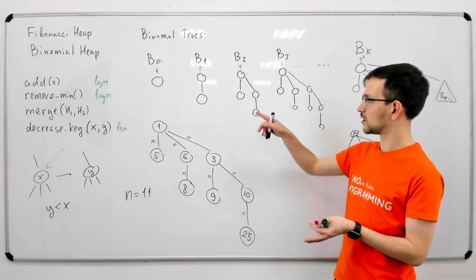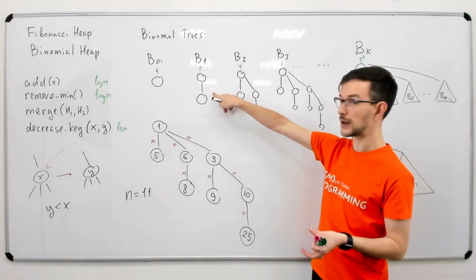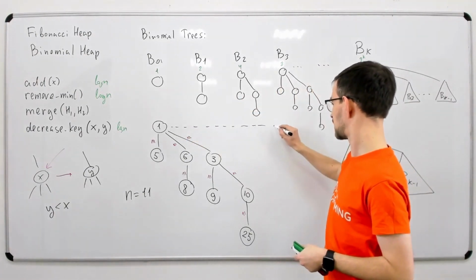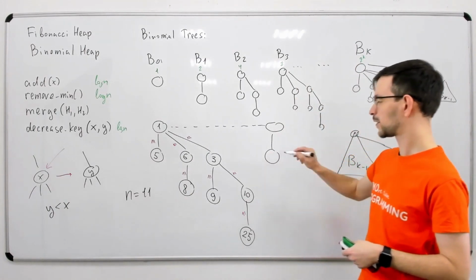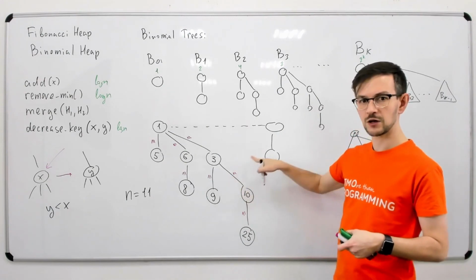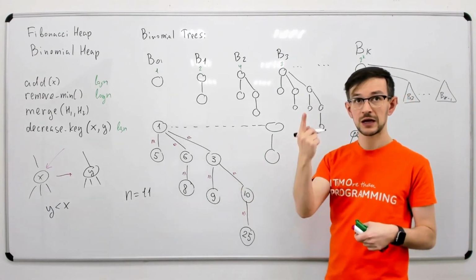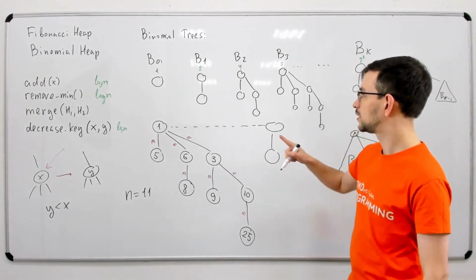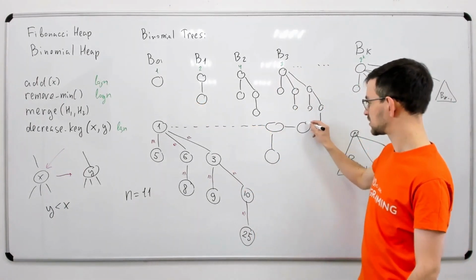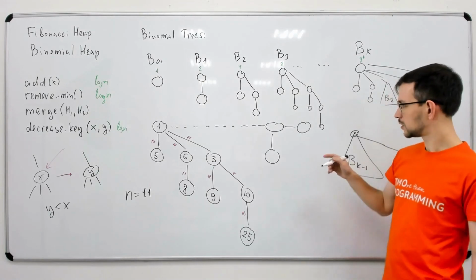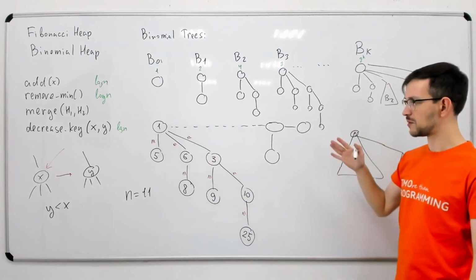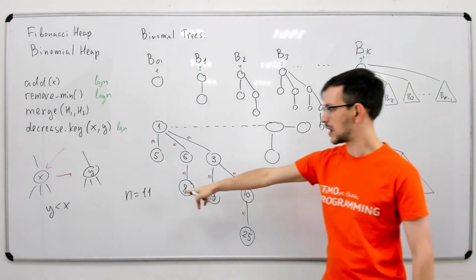So you take another tree of rank 1 and put another 2 elements here. Now we have 8 elements here, 2 elements here. That's 10, 1 more. So we need another tree of rank 0. That's how we support the binomial heap of 11 elements.